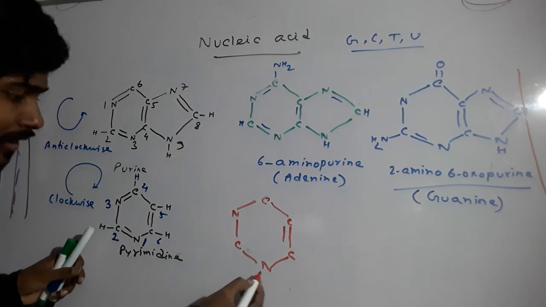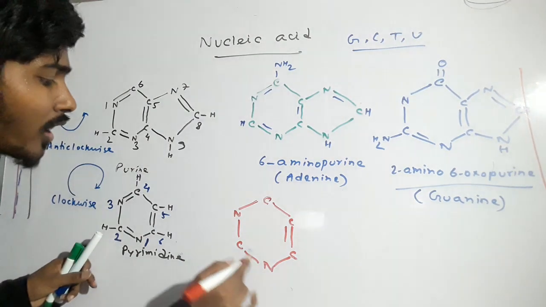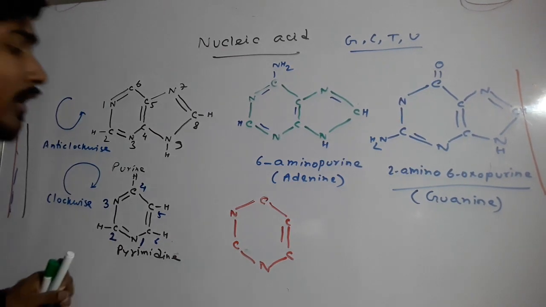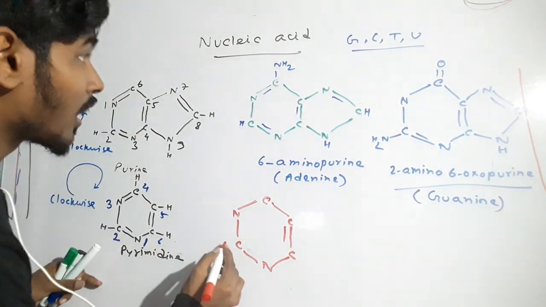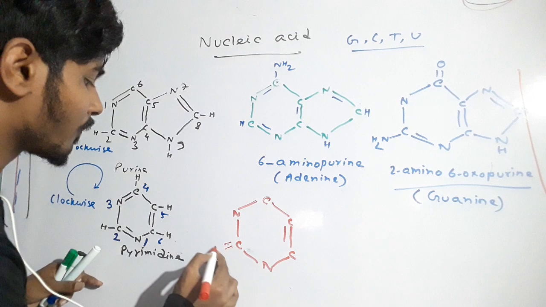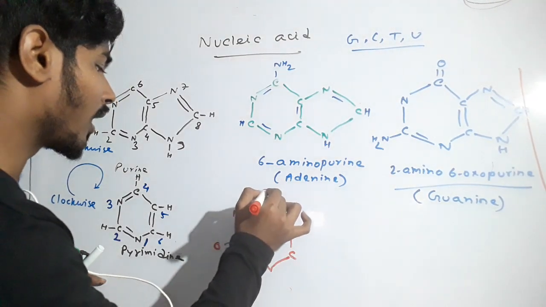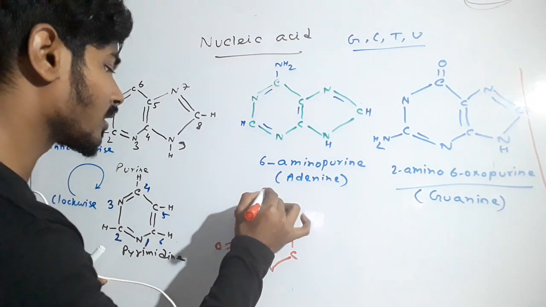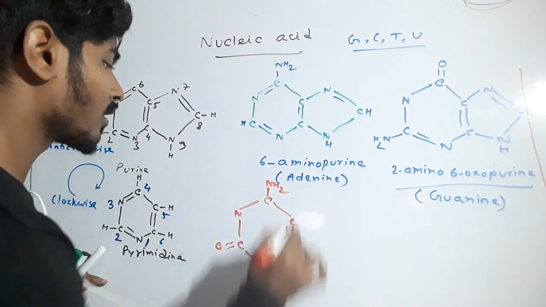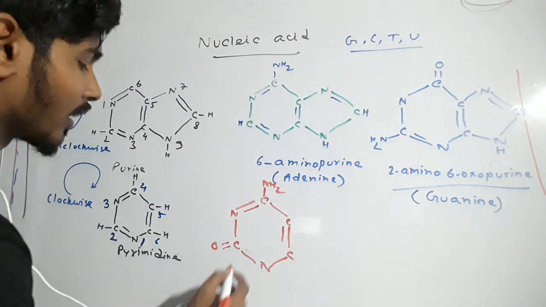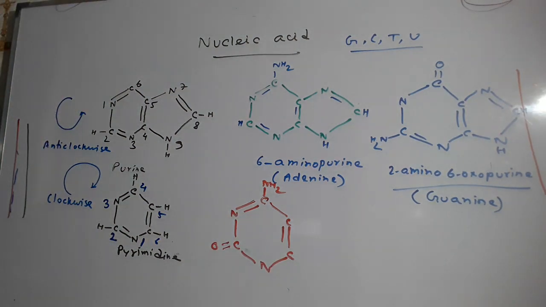Now we know very well that from this nitrogen we will count 1, 2, 3, 4, 5 and 6, okay. So it has a double bond O in the 2nd position, and in the 4th position it has the NH2, okay.